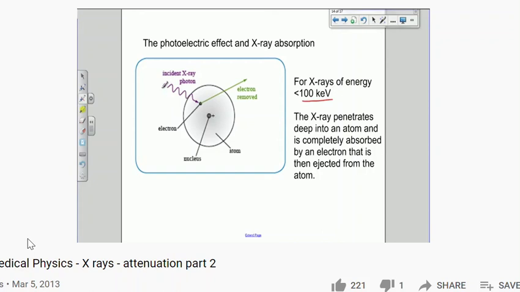The incident X-ray comes into the atom and interacts with an electron in such a way that the electron absorbs all of the X-ray photon's energy, which is absorbed.